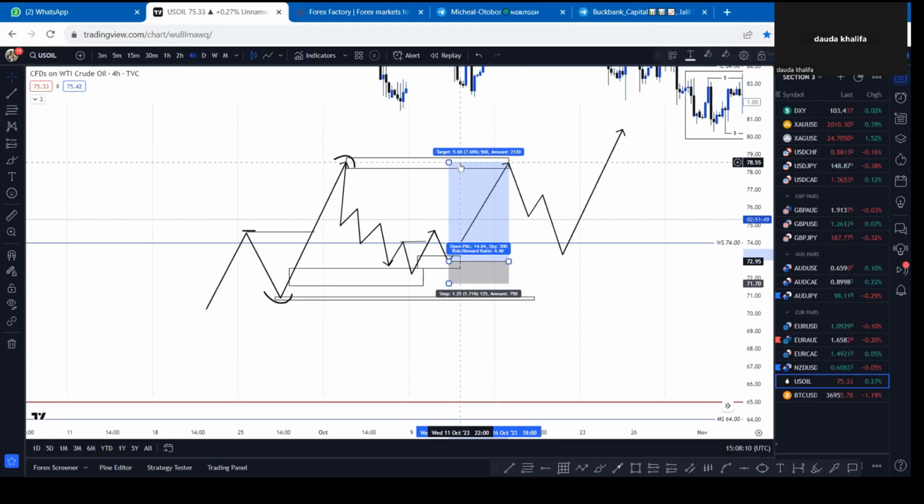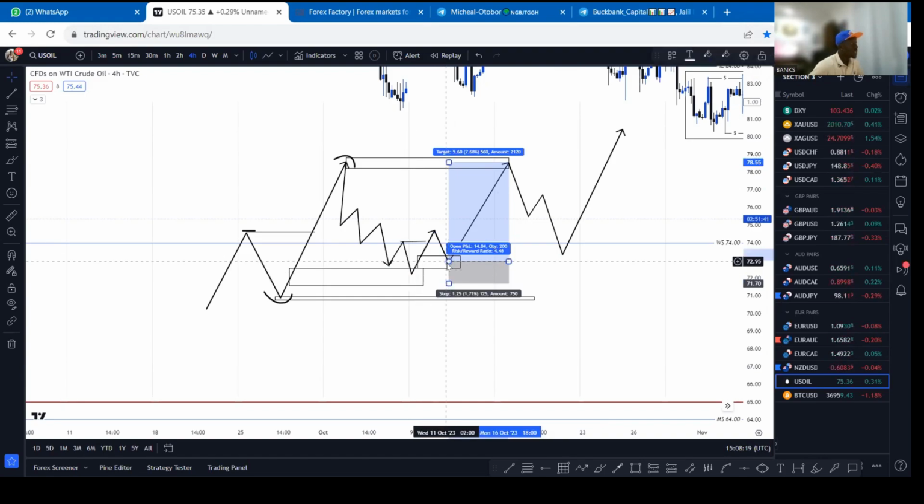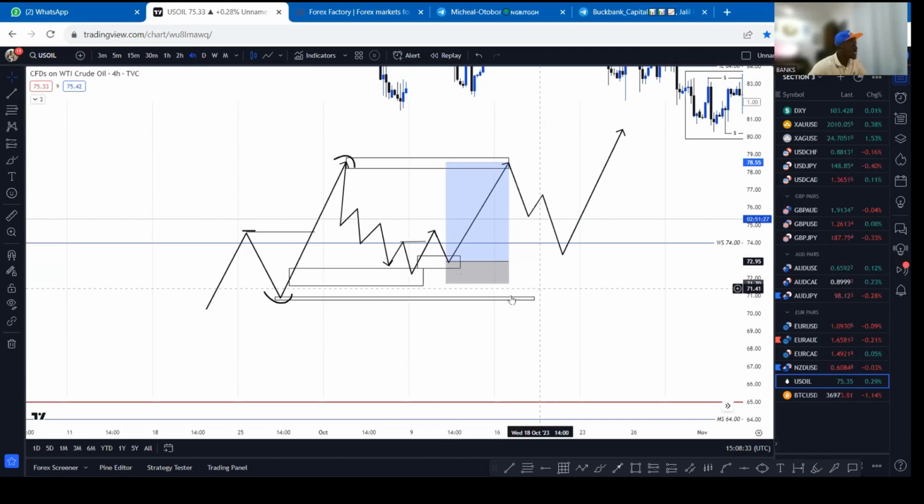So here, and my stop loss just a few pips below this structure low here. Because when price comes all the way down and breaks below this, that means this trade becomes invalid, and this change of character was a false change of character. So I need to wait to strategize and wait for another confirmation. As long as price is trading within this swing low and this swing high, we are still in an uptrend.